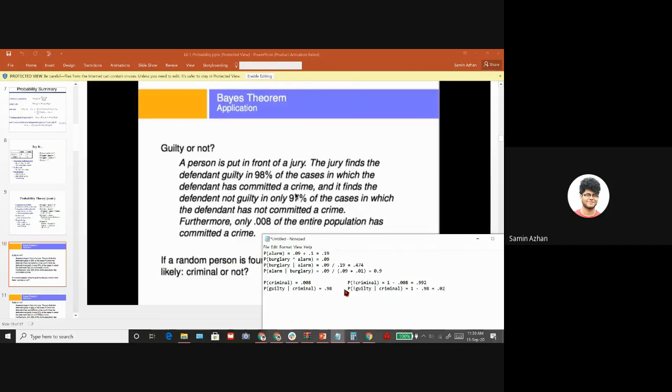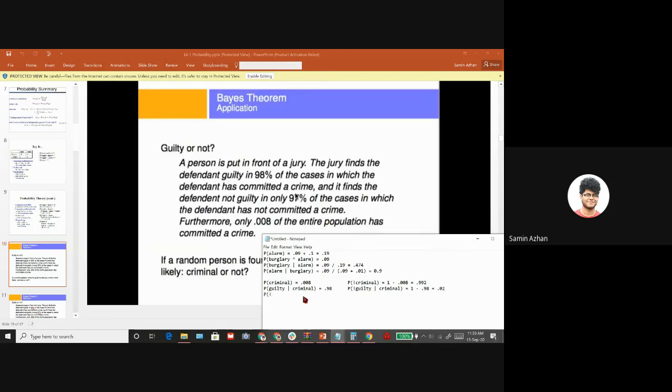Are you guys following along? Is somebody confused about anything? You can ask. And our last condition is that the defendant is found not guilty 97% of the cases where the defendant has not committed a crime. So not guilty, not committed a crime.